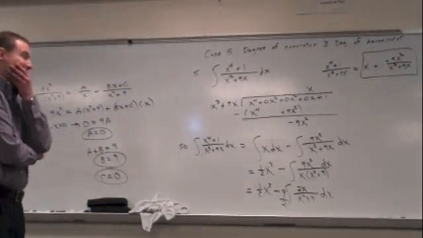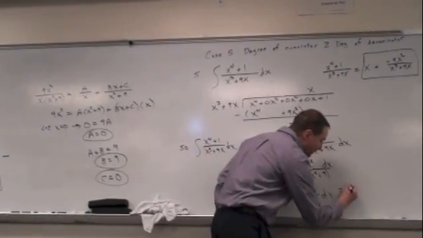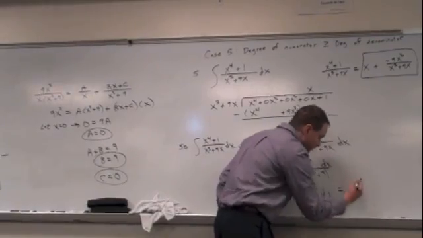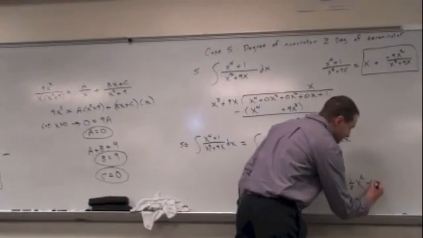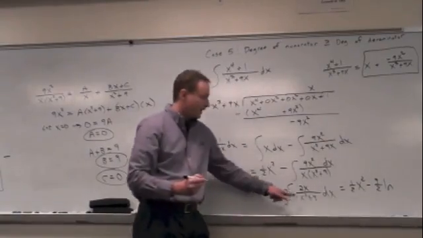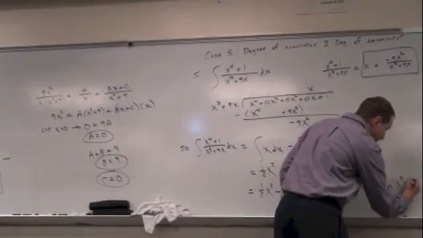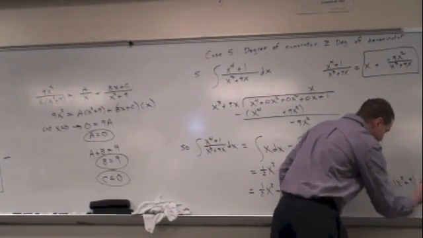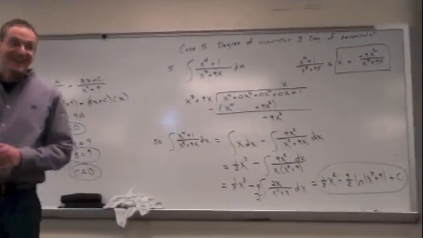So now I can say, okay, this is simply going to be 1/2 x squared minus 9 over 2 natural log of x squared plus 9, plus C.